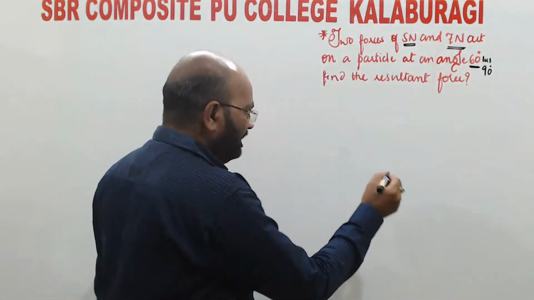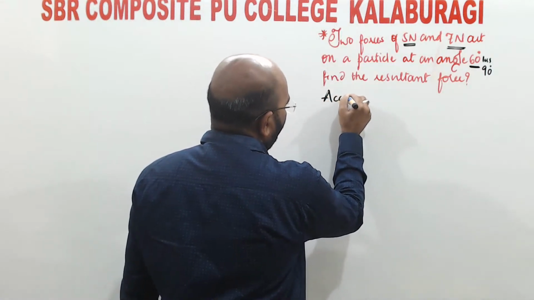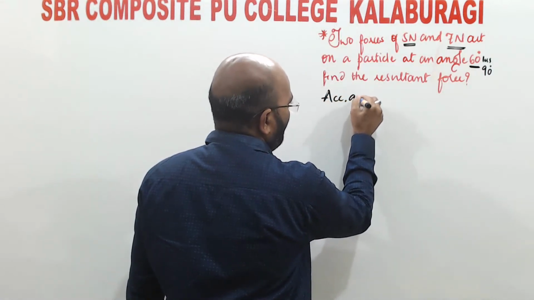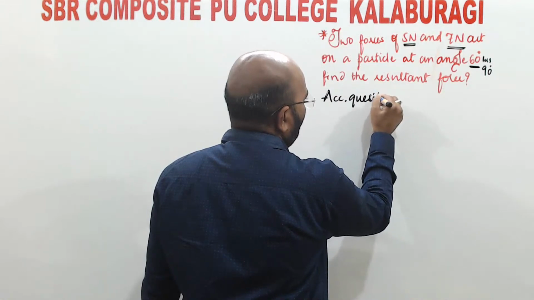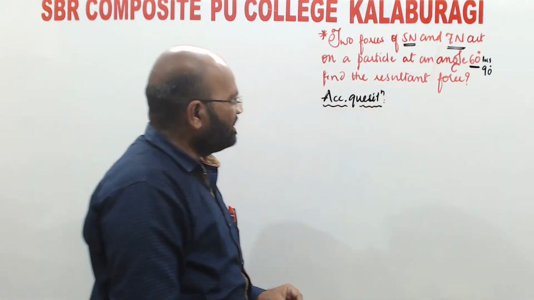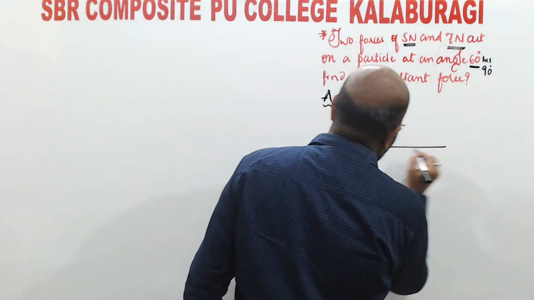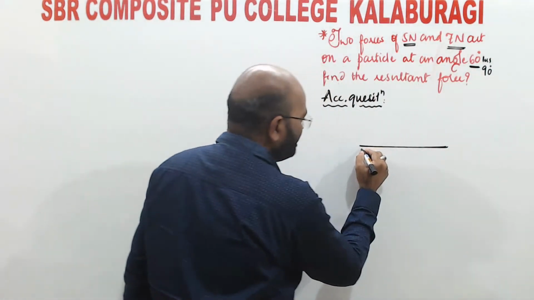According to the question, what is the condition given? There are two vectors. Say this is a smooth surface, or you can also consider there is a table.